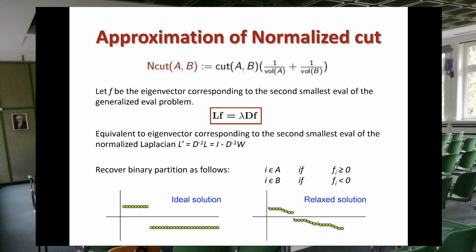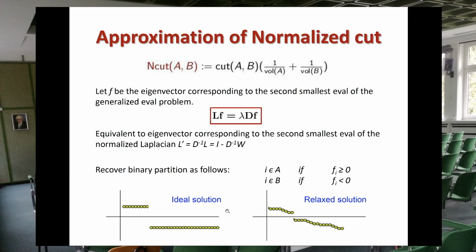So we are going to rank our eigenvectors from the smallest eigenvalue to the largest one, and focus on the second smallest eigenvalue. This is equivalent to the eigenvector corresponding to the second smallest eigenvalue of the normalized Laplacian.